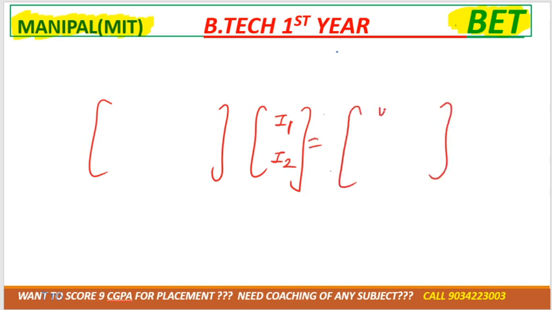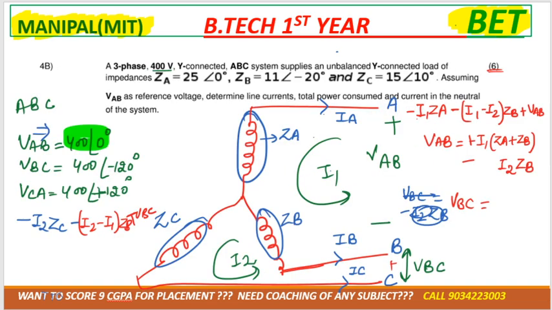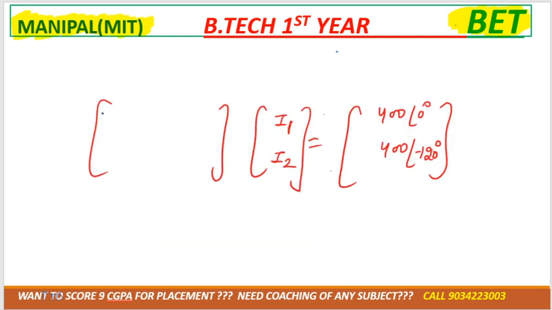Here the voltage is 400 angle 0 degree and 400 angle minus 120 degree. And this one would be ZA plus ZB, so 25 angle 0 plus 11 angle minus 20.